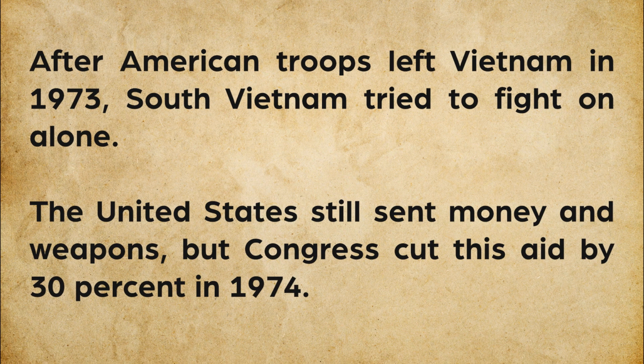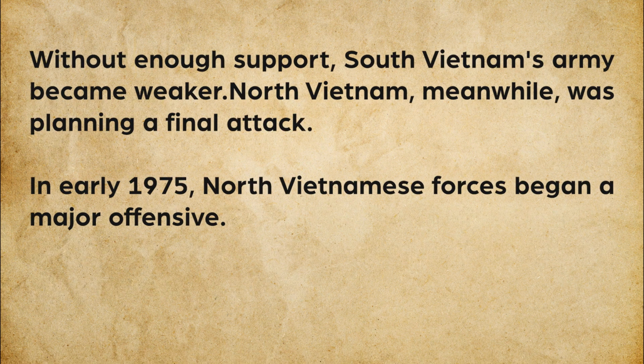After American troops left Vietnam in 1973, South Vietnam tried to fight on alone. The United States still sent money and weapons, but Congress cut this aid by 30% in 1974. Without enough support, South Vietnam's army became weaker.